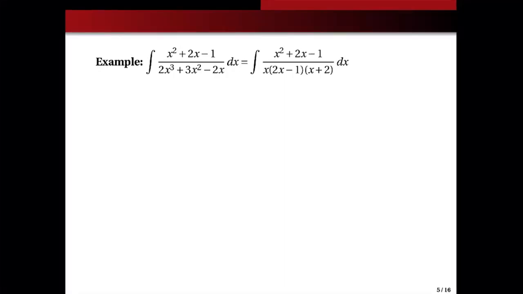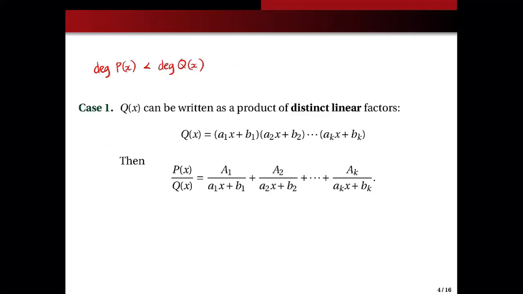So how do we proceed? Once we know that, you will have x squared plus 2x minus 1 divided by x times 2x minus 1 times x plus 2. According to this, you'll just have some constant in the numerator and the denominator is a linear factor.